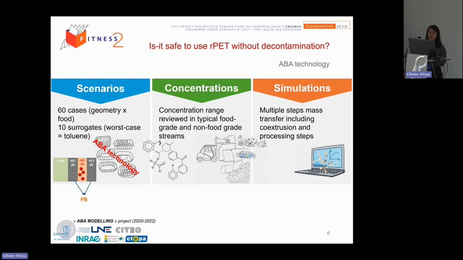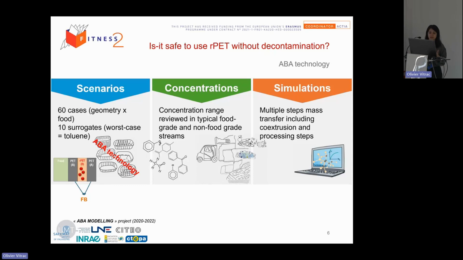To be simple, the barrier is placed between two outer PET layers. The outer one is virgin or compliant for food contact, and layer B acts as the functional barrier. We use a modeling tool to evaluate the safety of the application.